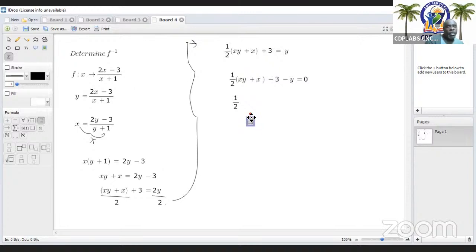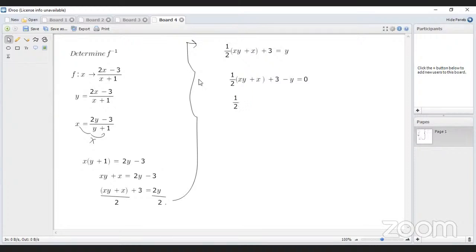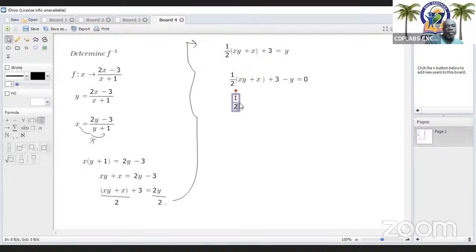Let's continue then and see if we're on the same part. So we factorize out the x, so we have x, and in bracket we have y plus 1.